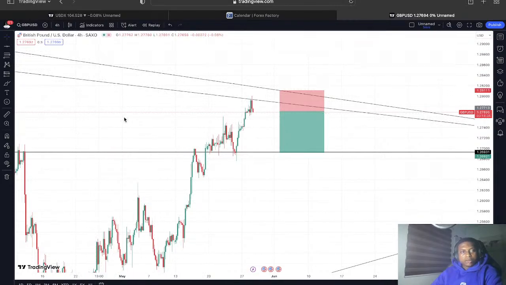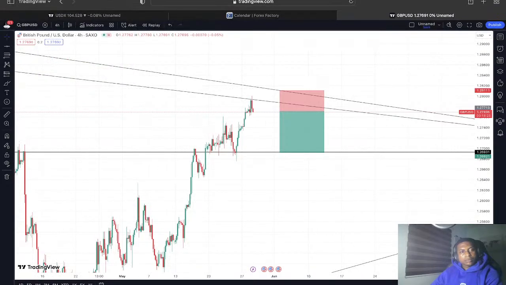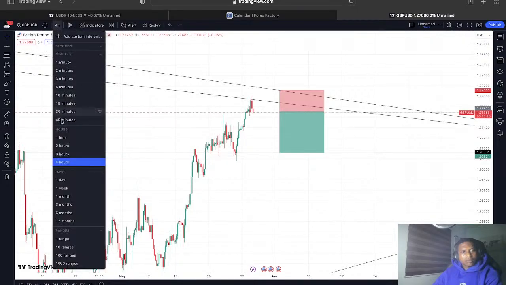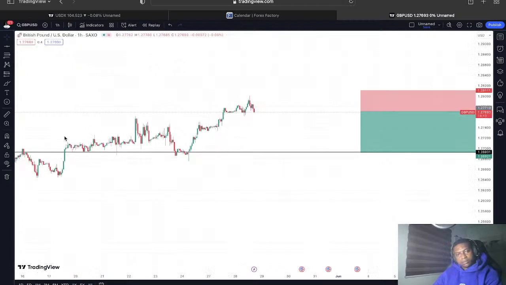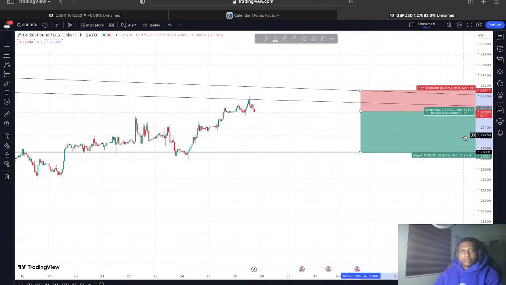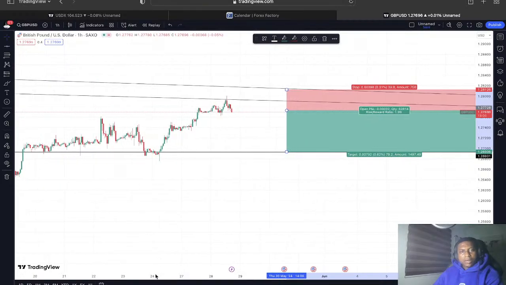Okay, so let's go down to the 1 hour time frame. We can see that on a 1 hour time frame, understanding price movement is also very important.